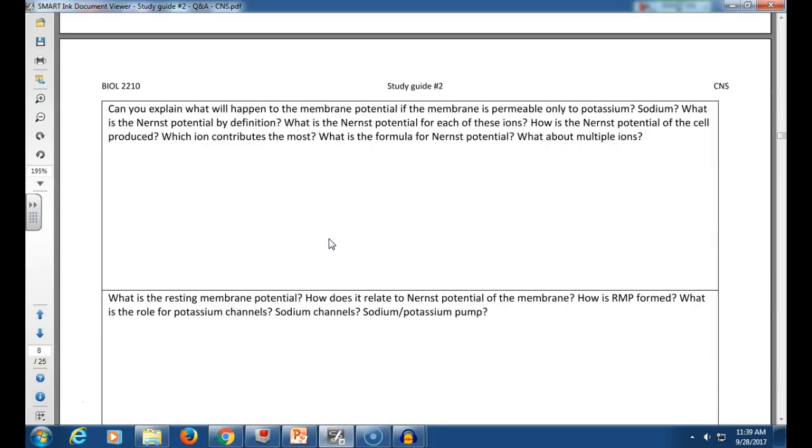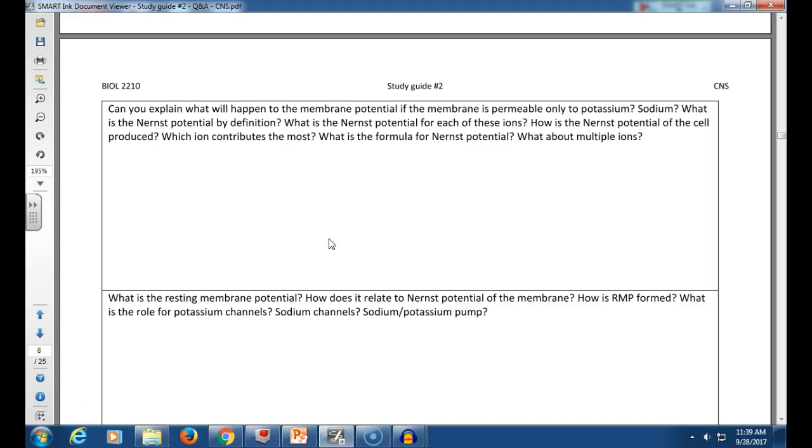Nernst potential: how it is formed, what it is. Net flow is 0, right? What's going to happen to Nernst potential if you increase or decrease the number of channels?